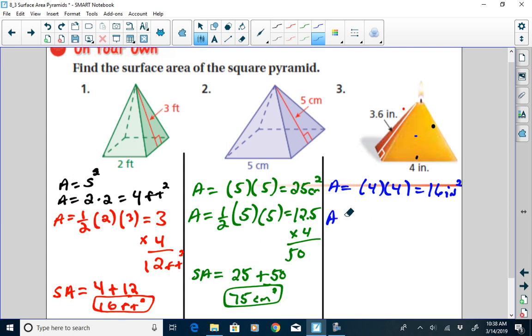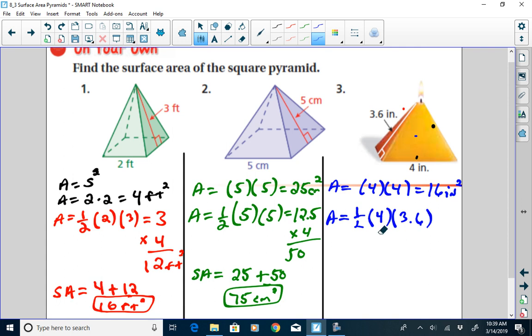And then the area of one of my triangles is going to be equal to 1/2 base times height. My base is going to be equal to 4, and the height of the triangle, we're told, is 3.6.